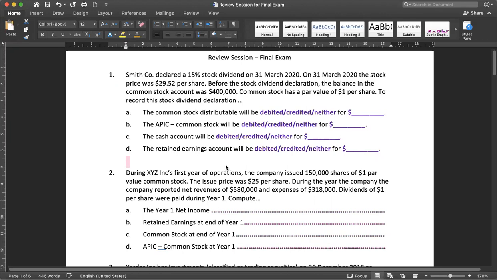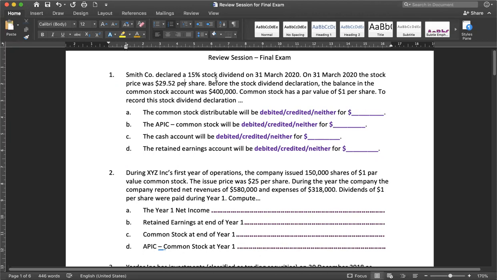All right, so the first one that we have is that Smith Company declared a 15% stock dividend on the 31st of March, 2020. The stock price on that date was $29.52 per share.